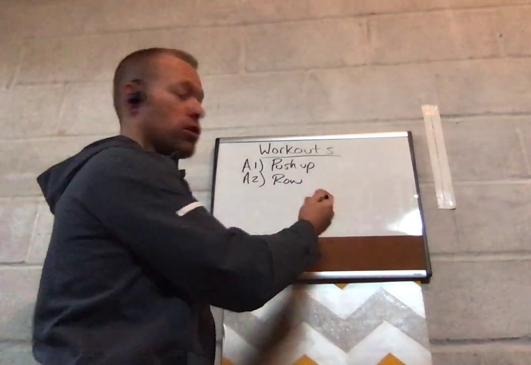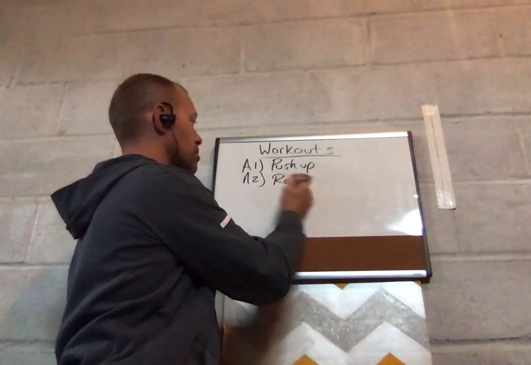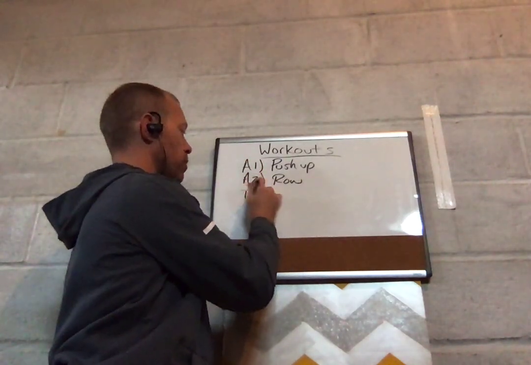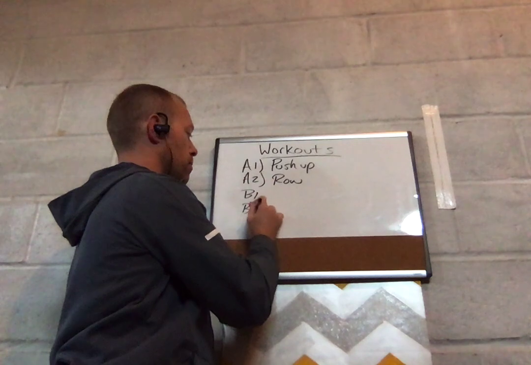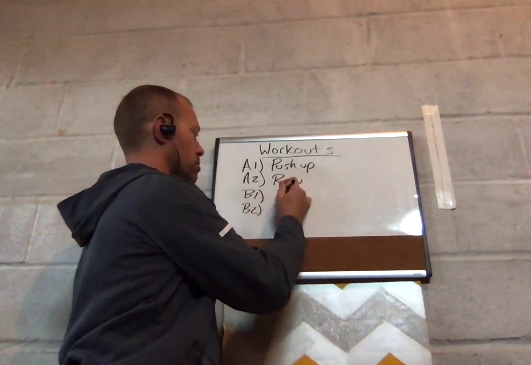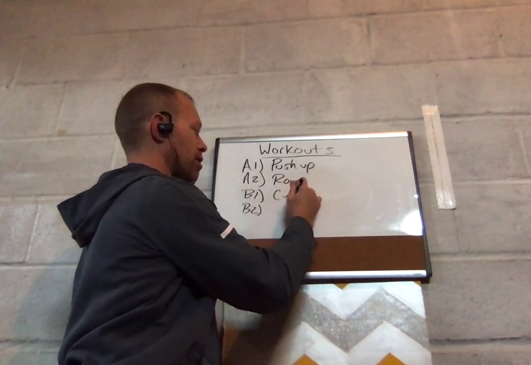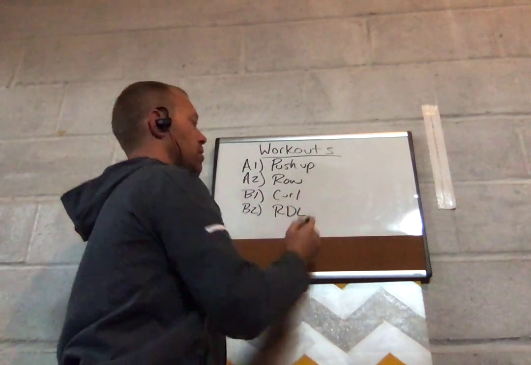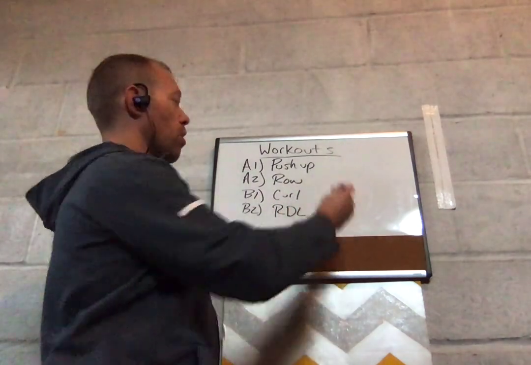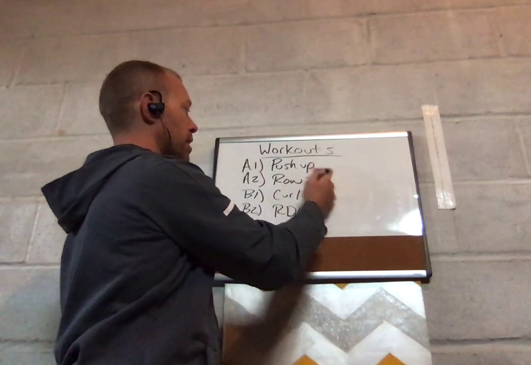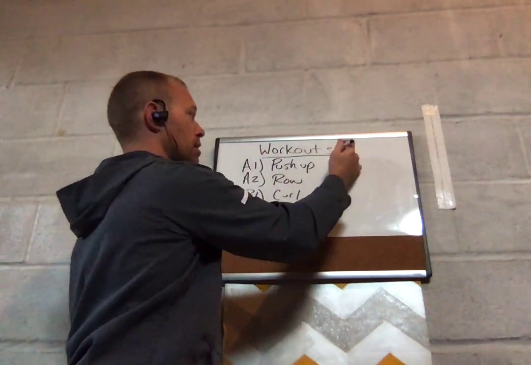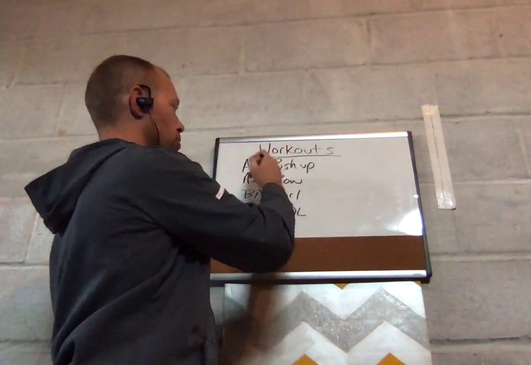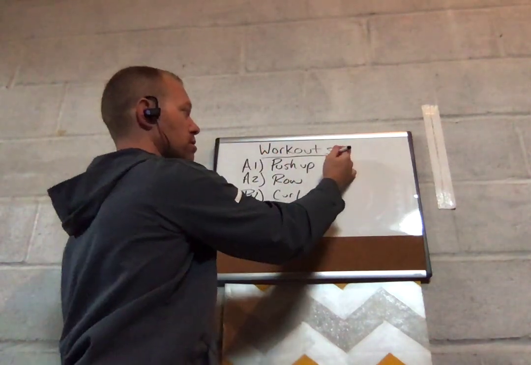So what you'll do is you're going to complete these exercises, so your A1 and A2, before you would move on to a B1 and a B2, which we'll just make up other exercises. We'll say a curl and then a RDL. So this is how this will start. You'll always complete these two exercises. You're going to get a number of sets, reps, everything to do, but you'll complete your A exercises first.